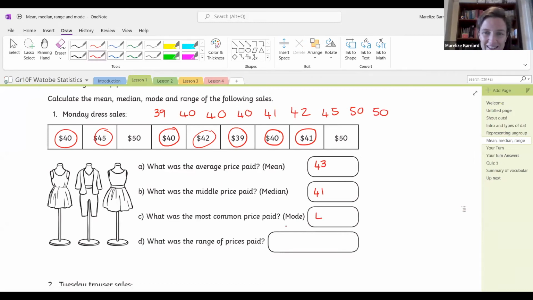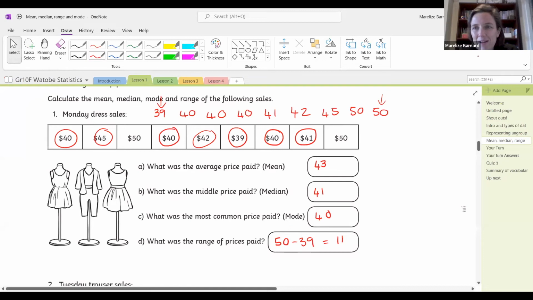Sure. Lots of answers exploding into the chat. Well done. Answer bombing. Love it. And then what is the range? The range, we go the highest number minus the lowest number. So it's 50 minus 39 is 11.